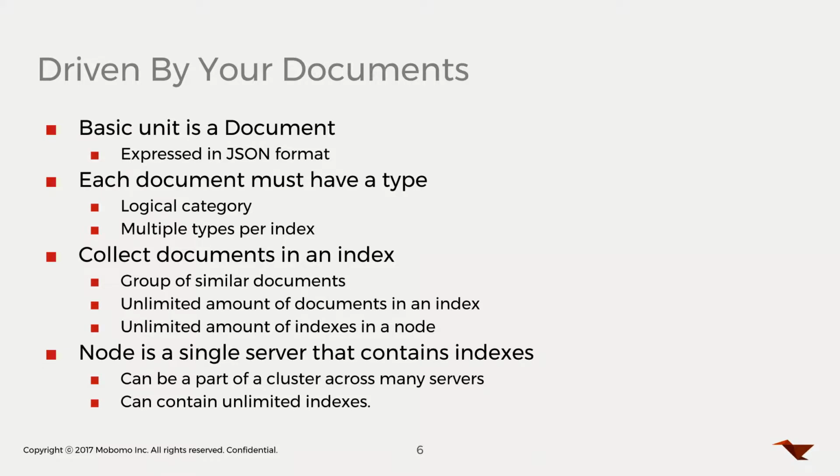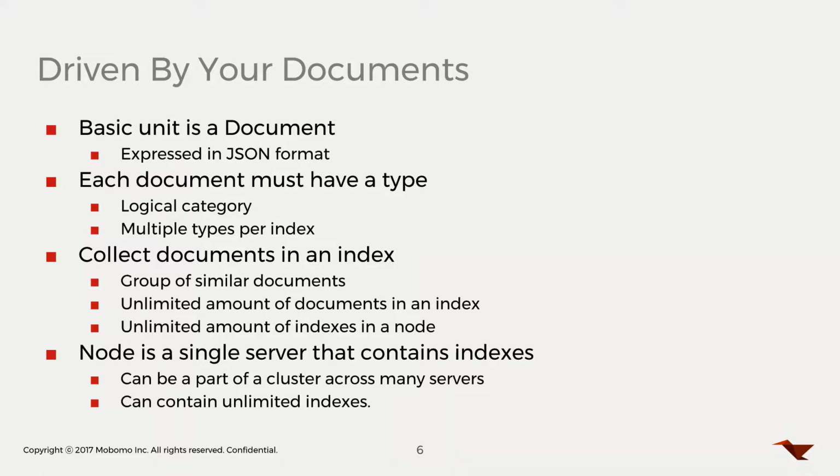It's just a group of similar documents. You can have as many documents as you want in an index, and you can have an unlimited amount of indexes in a node, and a node is a server. Don't worry, I'll backtrack and walk you through this in a second. A node is a server, and you can have servers collected into a cluster, which means that you can spread Elasticsearch across many storage backends, and you can spread a lot of data across a huge set of connected nodes, which basically means you have an infinite amount of scalability just by connecting a lot of storages together.